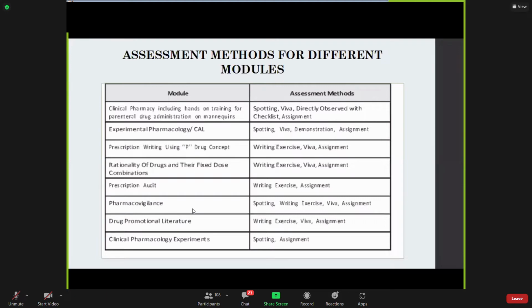This can be assessed and this will be assessed by spotting exercises, vivas, directly observed with checklist, meaning you must have undergone OSPE stations in your first year. In the same way, there is a checklist which you need to go through and which will be given to you.